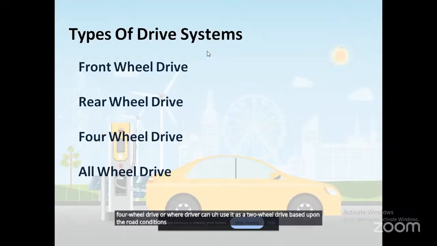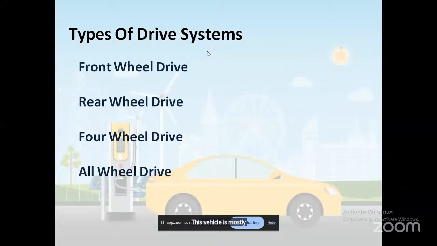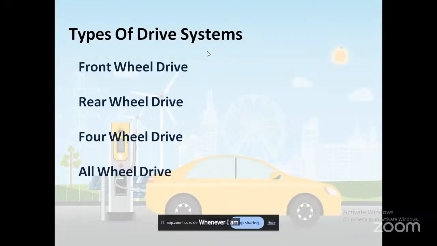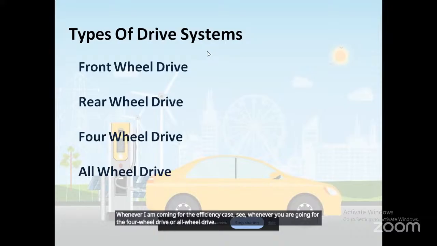This vehicle is mainly designed for off-road conditions. Regarding efficiency, whether four-wheel drive or all-wheel drive, all four wheels need to have power. But in off-road conditions, the fuel efficiency will be low compared to on-road. That is the difference.